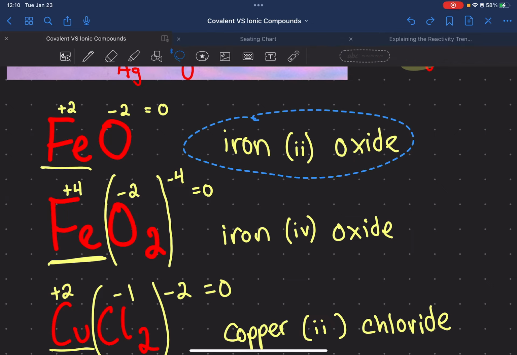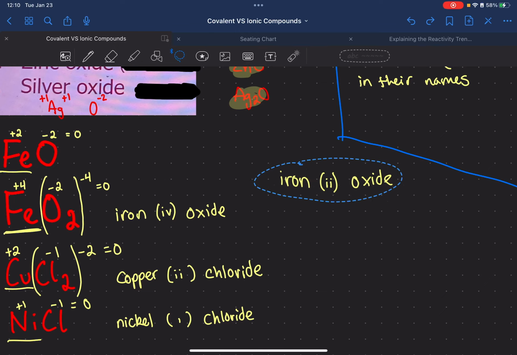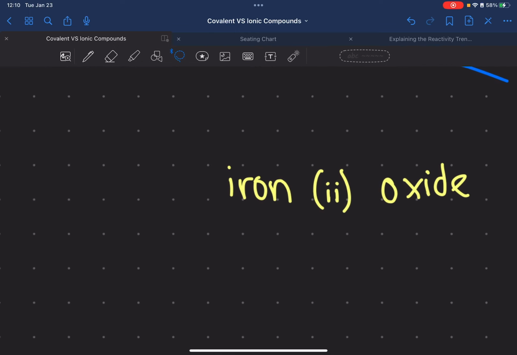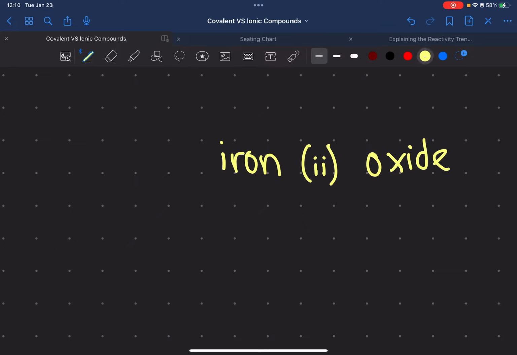oxide and go do other chemistry with it, well, if I put it in another scenario, let's say I try to, I don't know, dissolve it, then my iron would break apart from my oxides, and my iron would still have that +2 charge, and my oxide would still have its -2 charge.